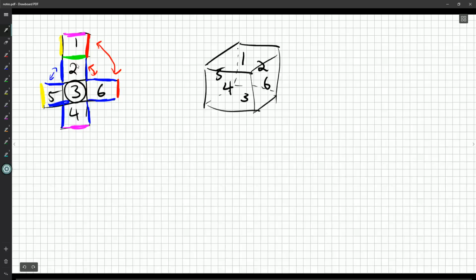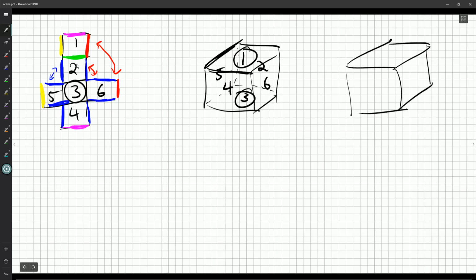Okay? Another way you could say this is, well, how do you get from 1 to whatever's opposite? Well, you can travel by going sort of, let's draw a little mock cube here. So if I've got the 1 up here, I could pick any side that I wanted to, go along that side, and then the bottom is also touching that side.